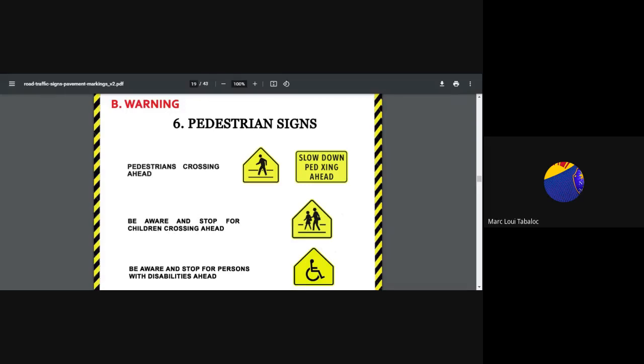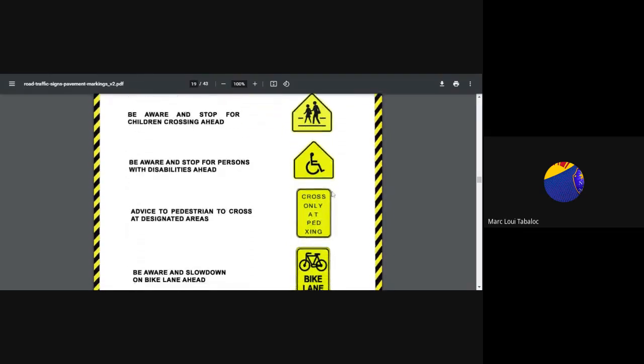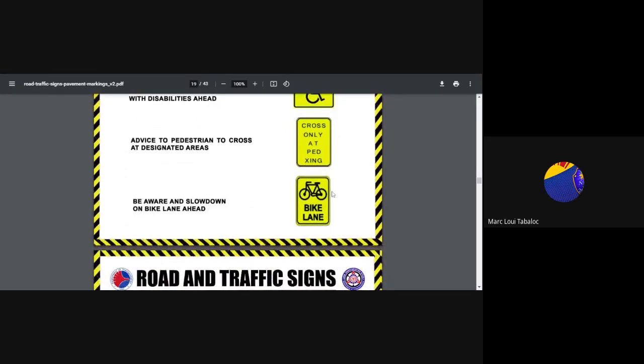Just to remind people easily, and of course to conserve ink and space, pedestrian crossing ahead. We see that in other countries too. Bike lane, which is becoming popular now because many people bike. The problem is that some drivers still disregard this warning sign.